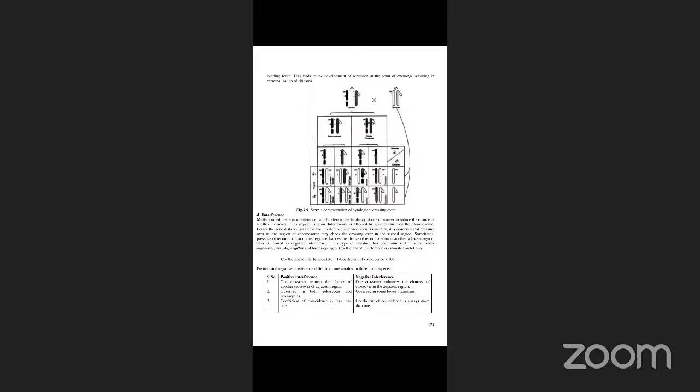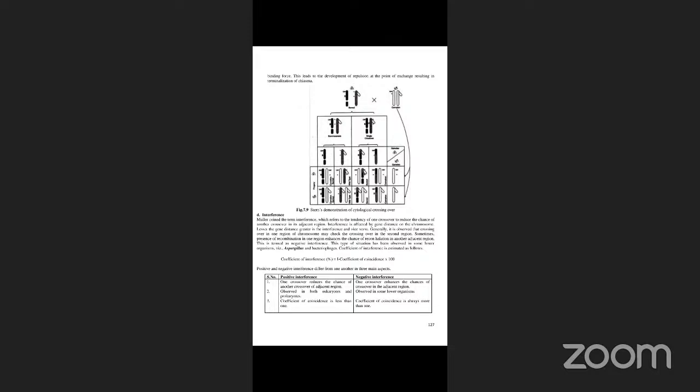Generally, it is observed that crossing over in one region of a chromosome may check or stop crossing over in some second region. Sometimes the presence of recombination in one region enhances the chance of recombination in the adjacent region, and this is called negative interference. This type of interference is seen in Aspergillus and bacteriophages.